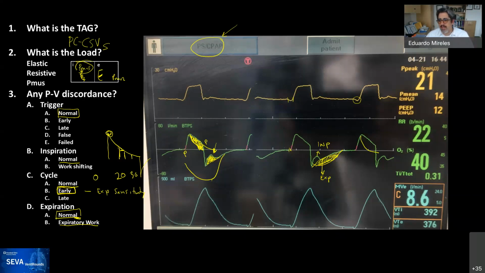It depends on the etiology of the expiratory work. As you can imagine, a patient with severe metabolic acidosis or increased work of breathing from pain, anxiety, delirium, whatnot, may have an active expiration without the presence of a resistive load.